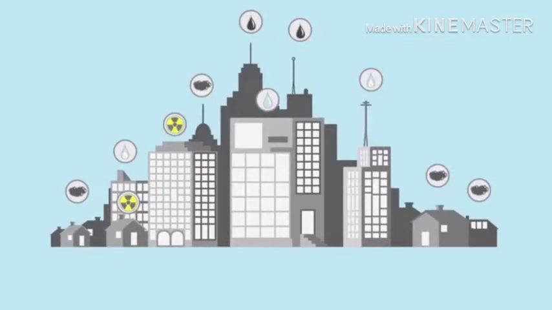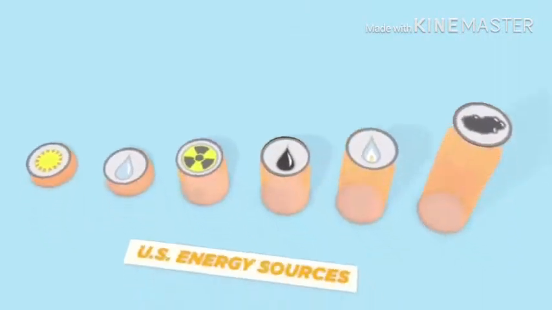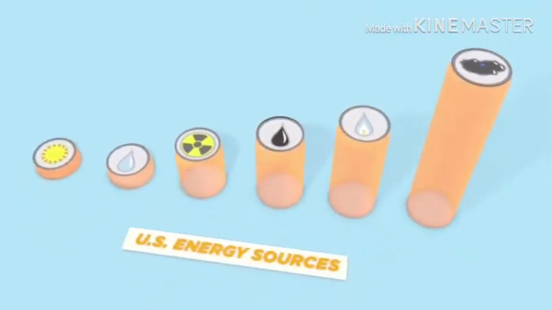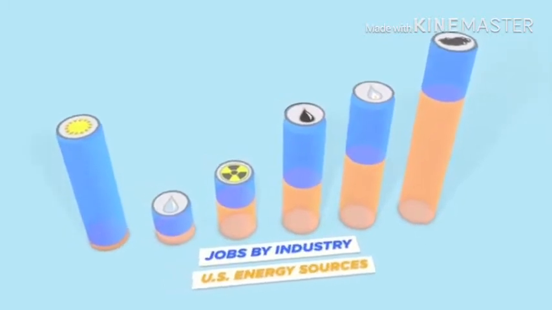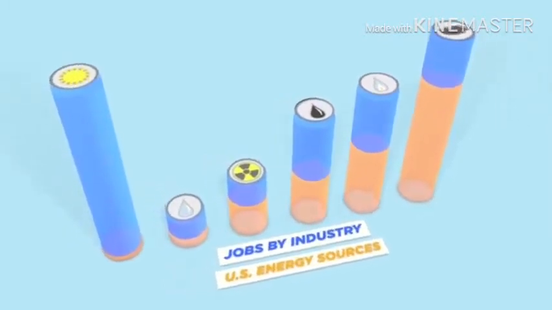Consider this. Every 4 minutes, another home or business goes solar. The amount of solar energy falling on the United States during 1 hour of noontime summer sun is about equal to the annual US electricity demand. While solar still represents less than 1% of the total power supplied to the US grid, the industry employs over 140,000 people.